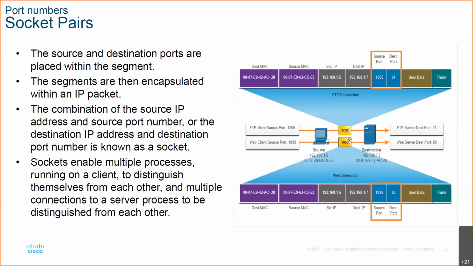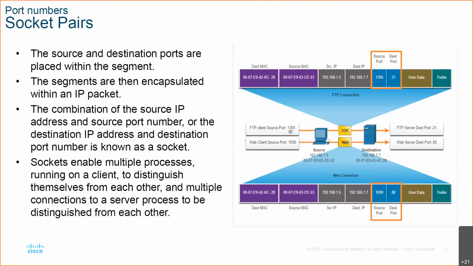An example over here. There, a client and a server, okay? Now the client is accessing, coming from a source port 1304, okay? And it's trying to access perhaps a FTP service.